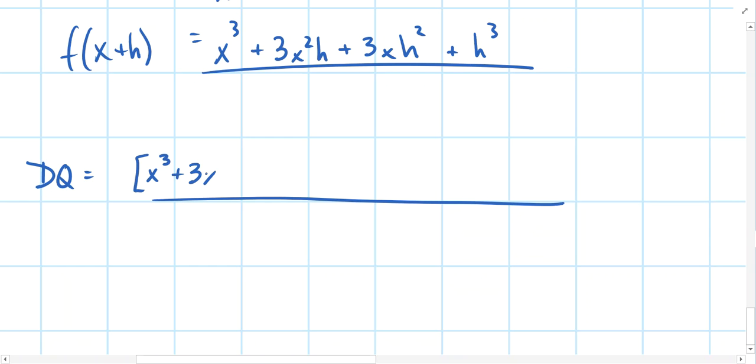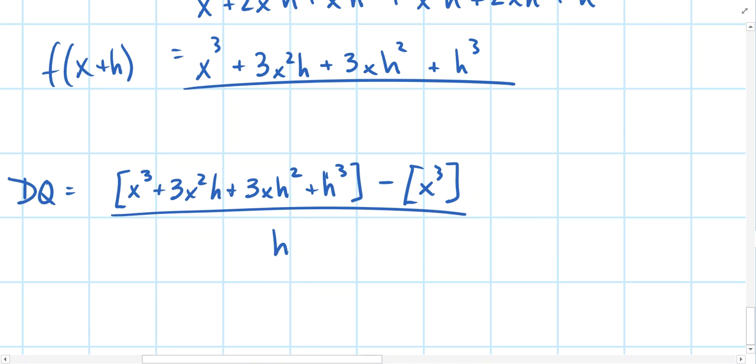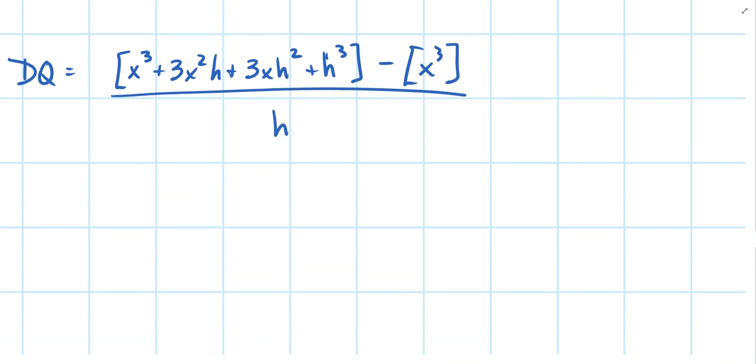X cubed plus 3x squared h plus 3xh squared plus h cubed. So there's f of x plus h. From that we subtract f of x, which we know as x cubed in this problem. And then finally all of this is divided by the value h.